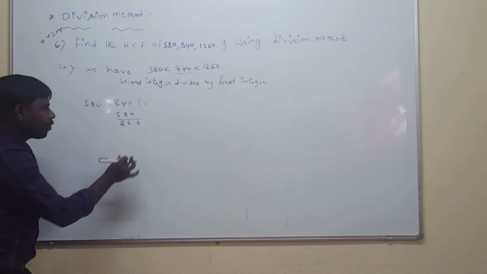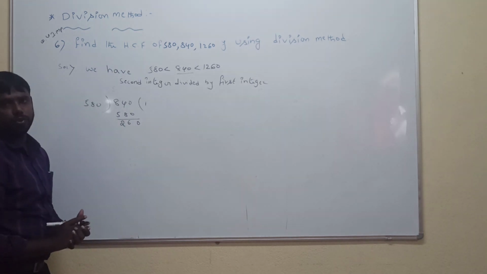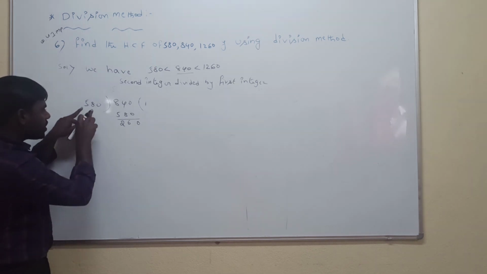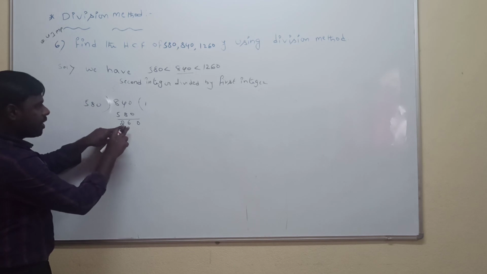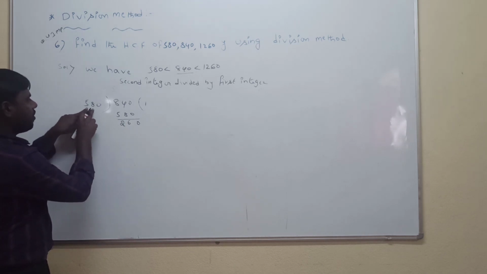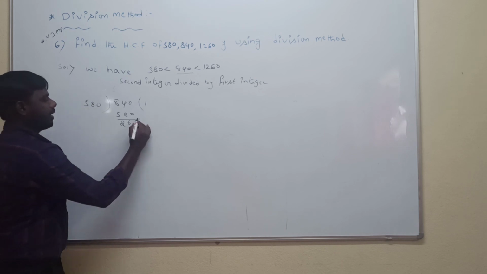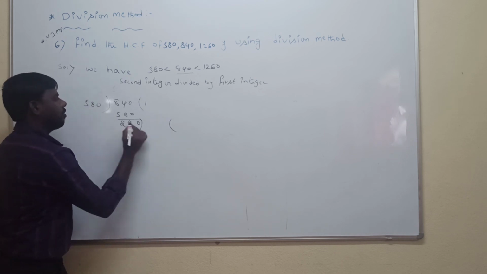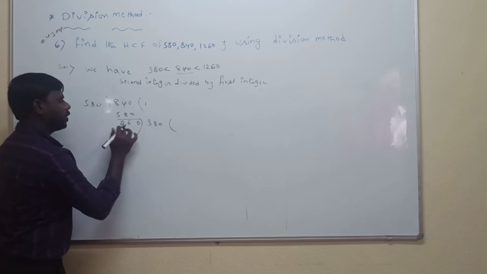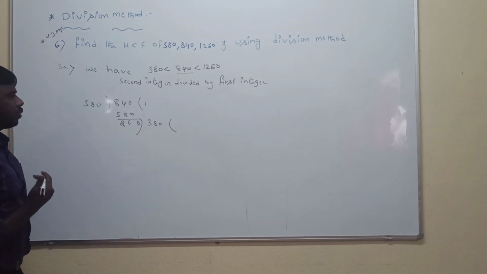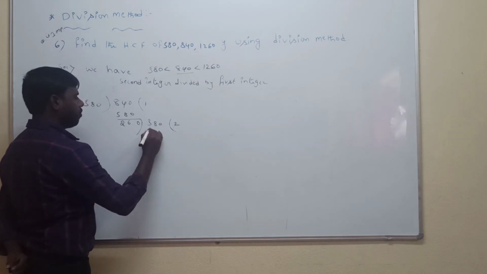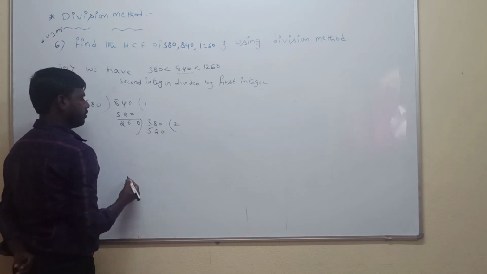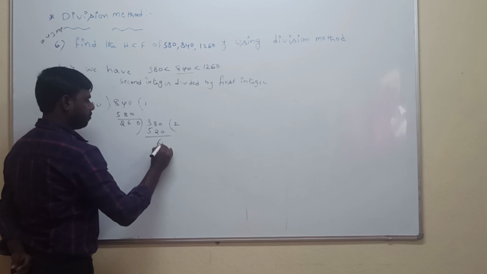Observe here, we are not getting remainder 0. Then what to do? Divide the first divisor by the first remainder. Whenever the remainder is not 0, at that time divide the first divisor by the first remainder. The first divisor here is 580, the first remainder is 260. 260 times 2 is 520. Now 60 should come.